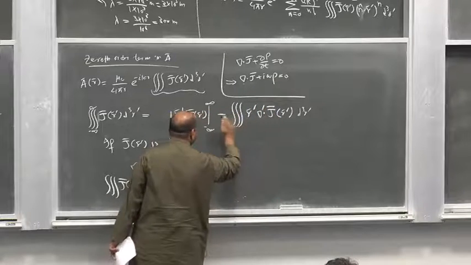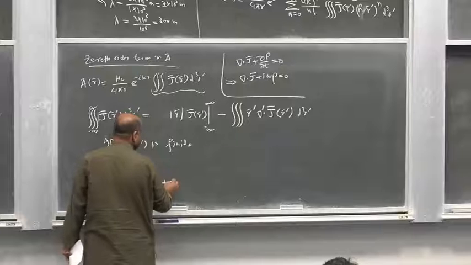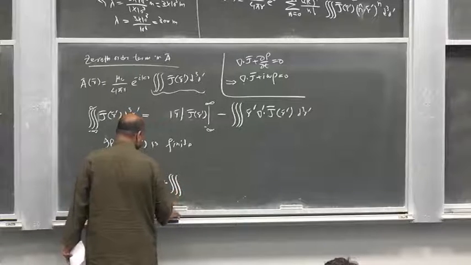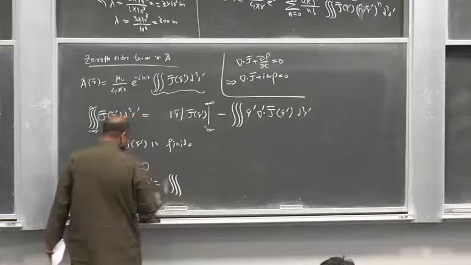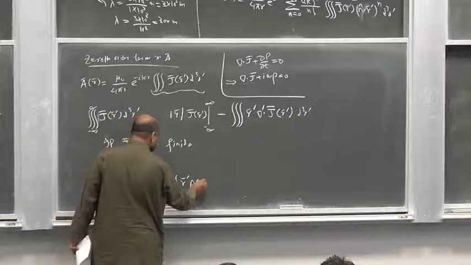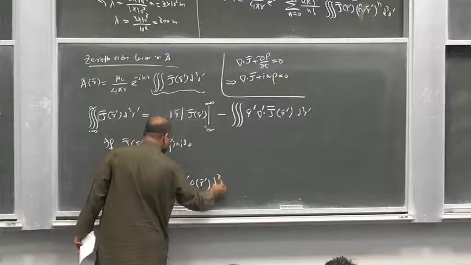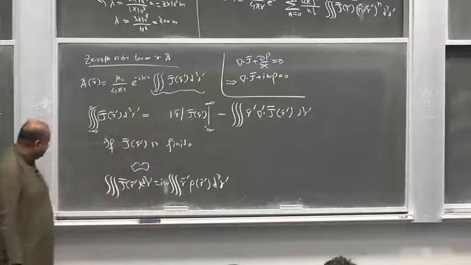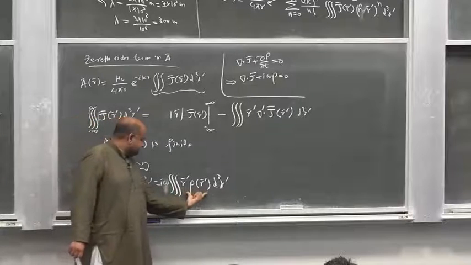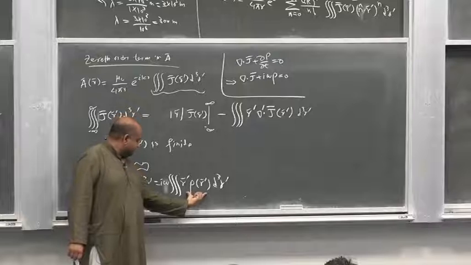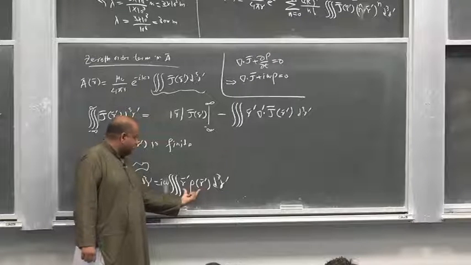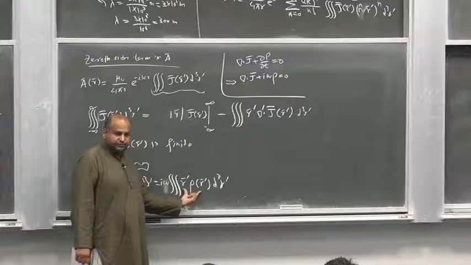So if I put that in, this becomes plus iota omega, let's take it out. And this thing, which is the first moment of charge density, is called the dipole moment of the current density.